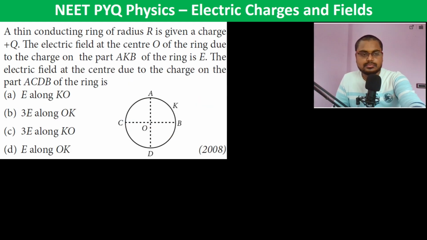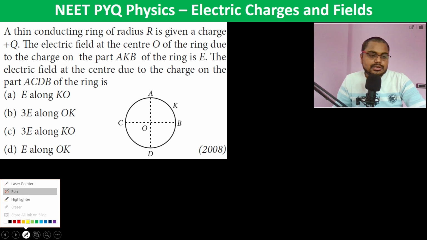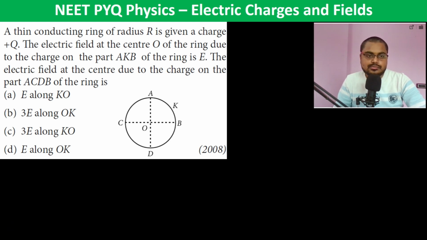A thin conducting ring of radius r is given a charge plus q. The electric field at the center O of the ring due to the charge on the part AKB of the ring is E. What is the electric field at the center due to the charge ACDB?